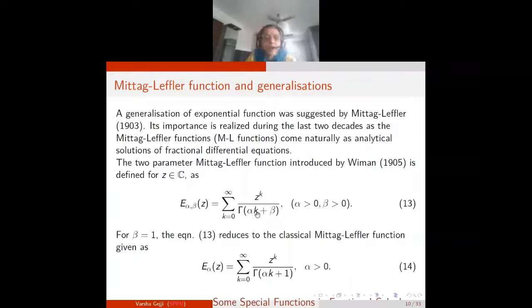So when beta is equal to 1, you have the expression given in 14, z to the power k upon gamma of alpha k plus 1, which is a generalization of the exponential function. When alpha is 1, this is gamma of k plus 1, which is k factorial. So this is summation k going from 0 to infinity z to the power k upon k factorial, which is exponential of z. So it is a generalization. And E alpha comma beta is a two parameter generalization.